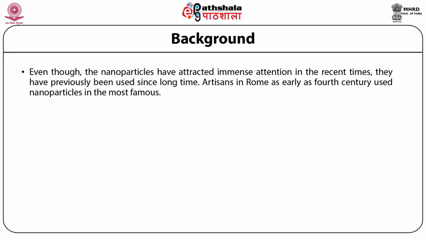Artisans in Rome as early as the 4th century used nanoparticles in the most famous lacquer cup produced from dichroic glass. Nanoparticles were also used in 9th century Mesopotamia to create glittering patterns on pots.